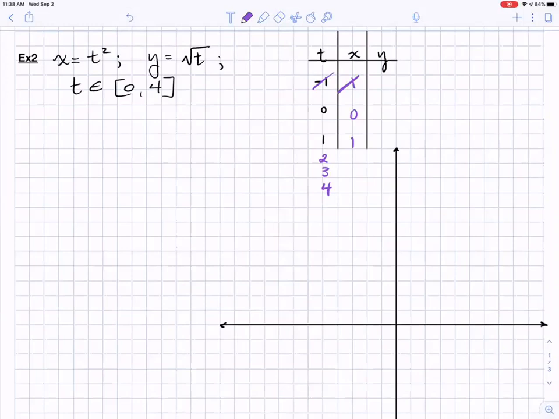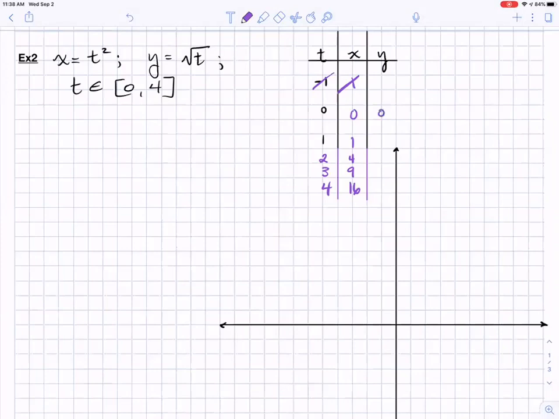So now, what's the next X value? Okay, and then after that, and then, okay. Now let's go over to our Y's. So what's my first Y value? 0.